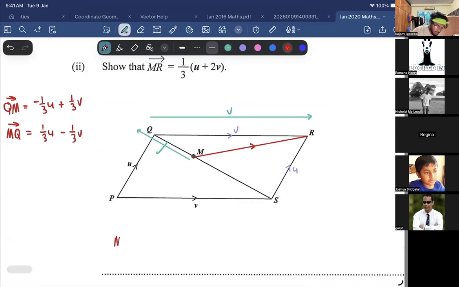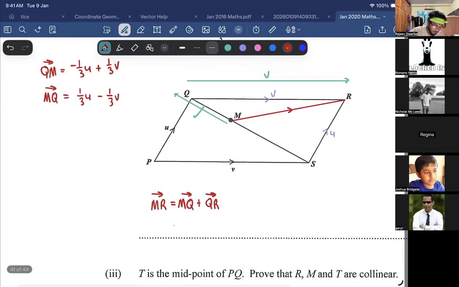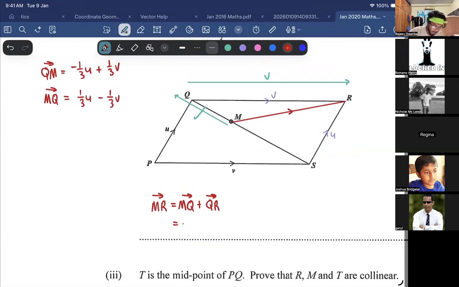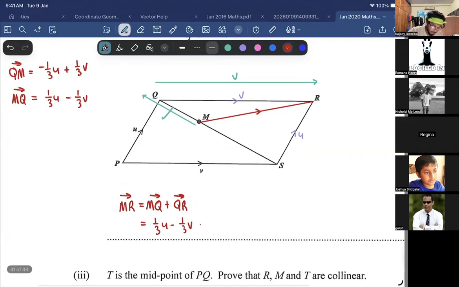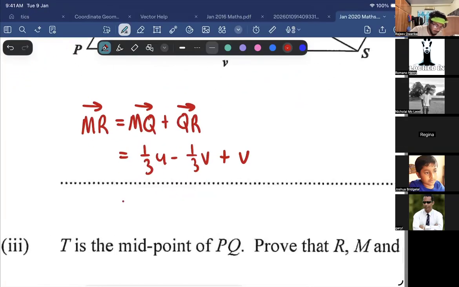So M to R is just, will you tell me, M to Q and Q to R. Remind me, what is M to Q? A third U minus a third V. And what is Q to R? Plus V.